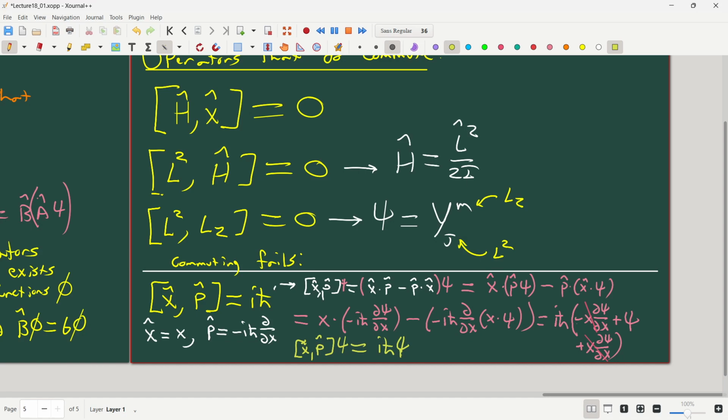Now, what does that mean? That means that if I measure momentum and then position, and then subtract off the opposite, where I measure position and then momentum, my wave function is different by this complex factor. Remember what a complex number is. It has something to do with a rotation in the complex plane. These are complex waves.